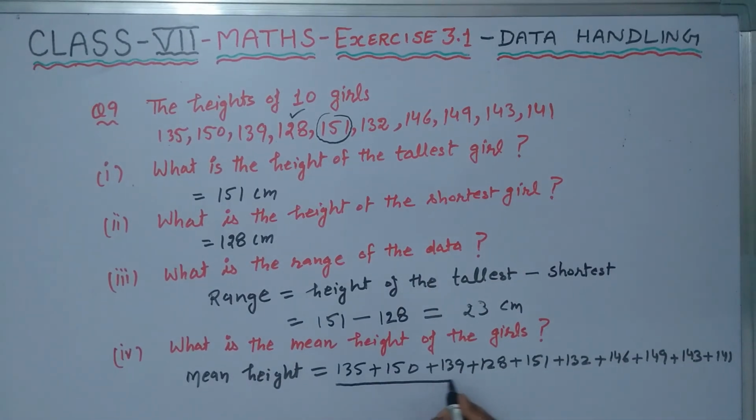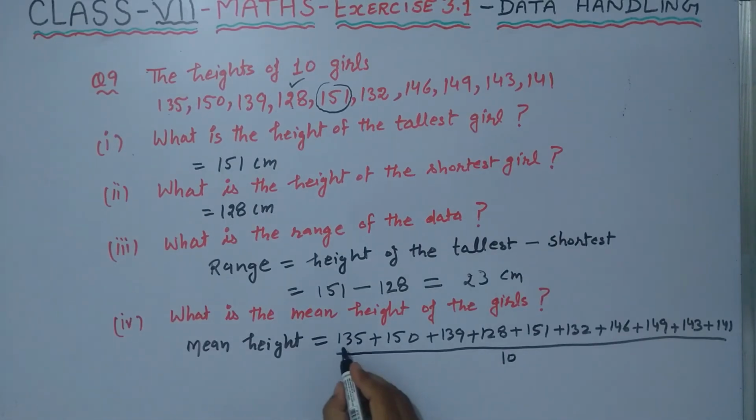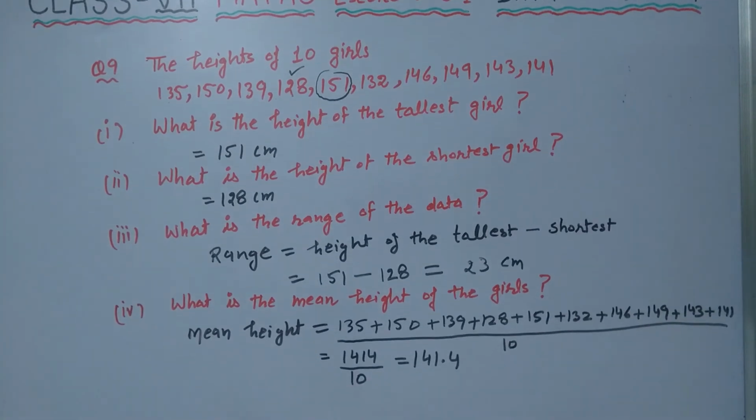Whole divided by how many girls are there? 1, 2, 3, 4, 5, 6, 7, 8, 9, 10. Dividing by 10. So what is the sum of all these numbers? This is 1414, divided by 10. So this is equal to 141.4. This is the mean.